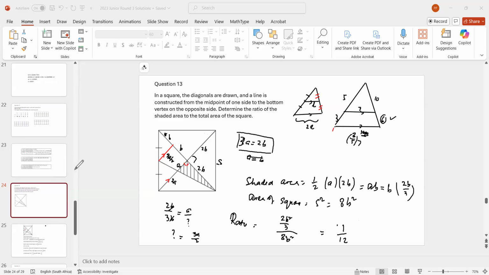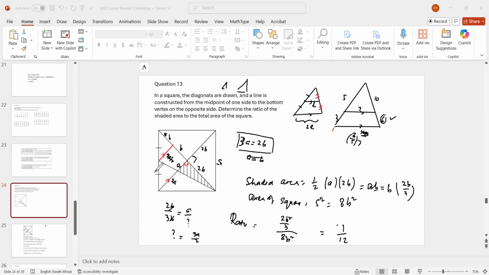Hard problem. But we needed the midpoint theorem, which you might not be familiar with, and you also needed this result that if you've got two triangles which have the same angles, then the ratios of the sides are the same. That's what I've used. This over this is equal to that over that, equal to that over that. I used it here, because this shaded triangle has the same angles as the large triangle.